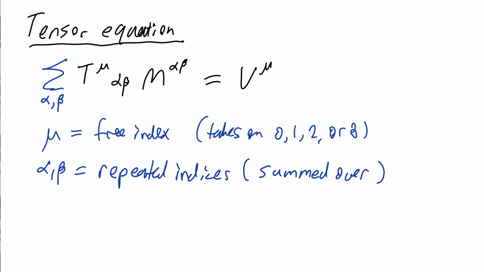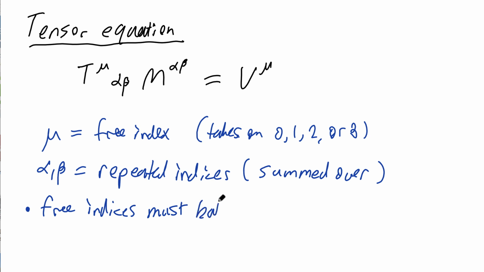But by the Einstein summation convention, we usually don't write the summation sign. You should notice that the rule for a valid tensor equation is that the free indices must balance, meaning the free indices are the same in each term, and consistently either up or down.